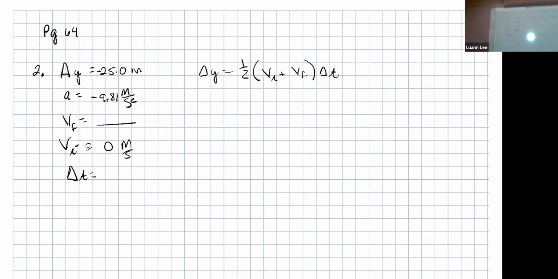For part B, you first need to do part A, which is where you want to find VF. If you find VF, this will work for part B. For part B, I did time equals velocity final minus velocity initial over acceleration. That's what I did here. And that's kind of what you have here.